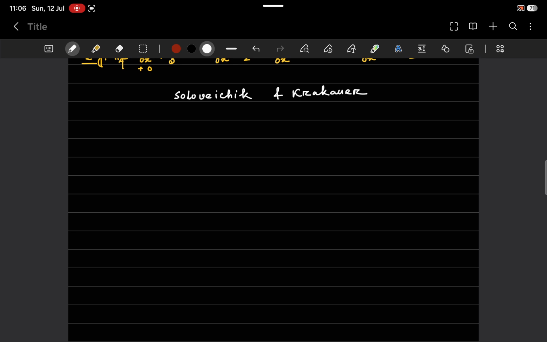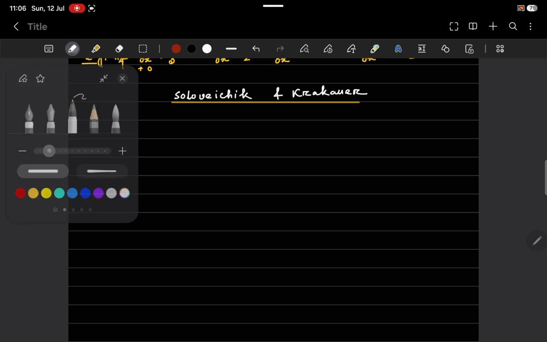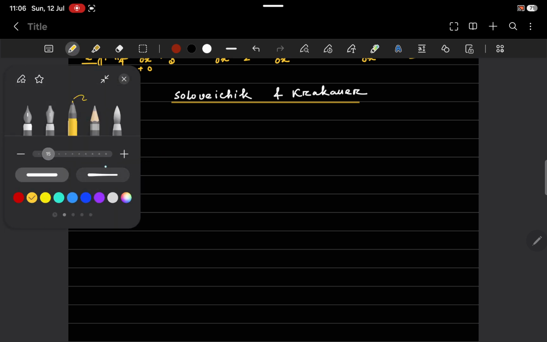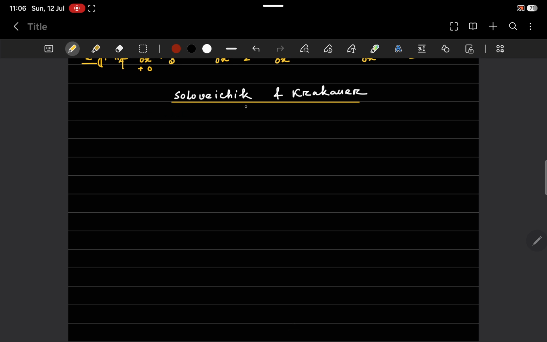The first thing is change in oxidation number.